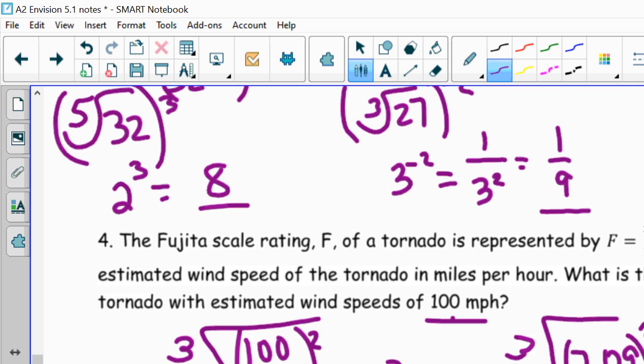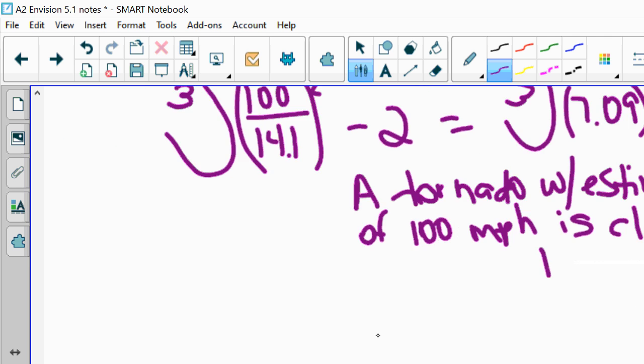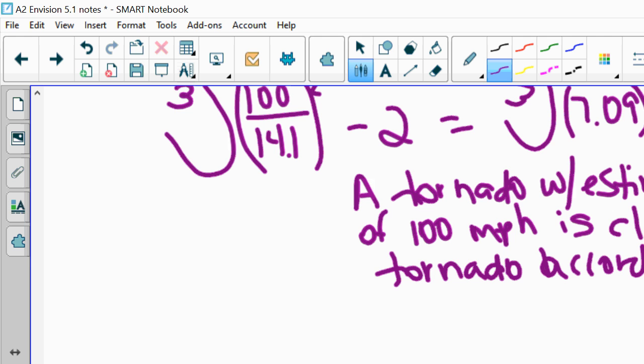A tornado with estimated wind speeds of 100 miles per hour is classified as an F1 because I got 1.69, according to the Fujita scale, all right?